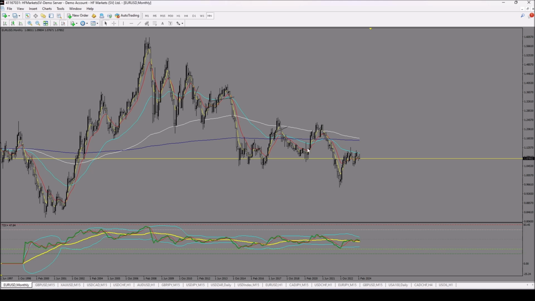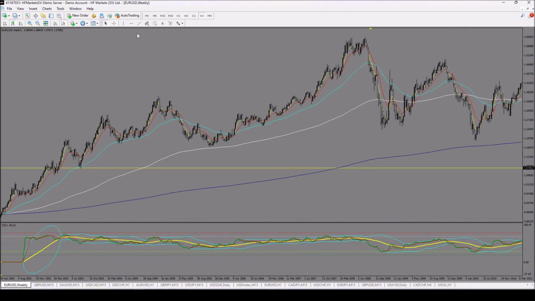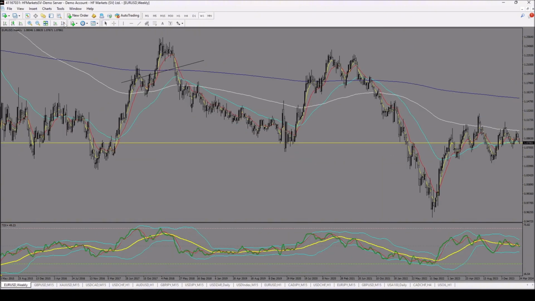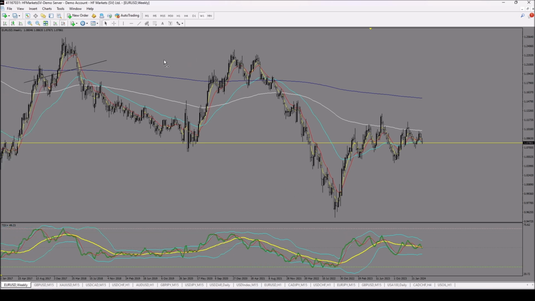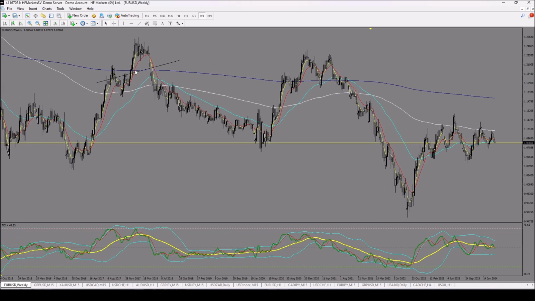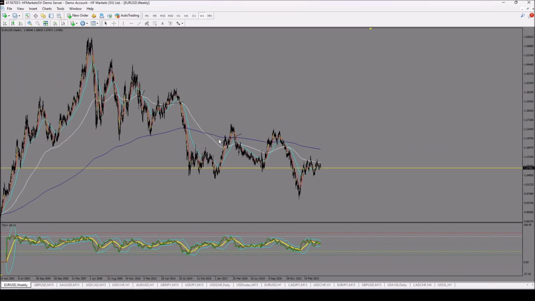Therefore, we can say a 200 EMA on the monthly time frame is basically an 800 EMA on the weekly time frame. On the monthly time frame, we saw this was a white indicator. But on the weekly time frame, it's now a blue indicator.